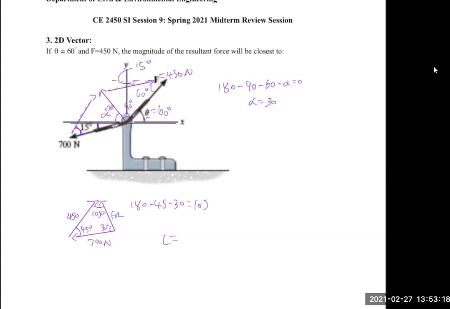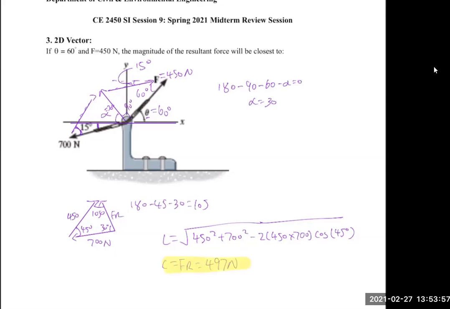So the law of cosine would be 450 squared plus 700 squared minus 2 multiplied by 450 multiplied by 700, and then cosine of the angle between them. So between 450 and 700 is this 45 degree angle, right? Cosine of 45. And if I put it in the calculator, I got my final answer, FR, 497 newtons.